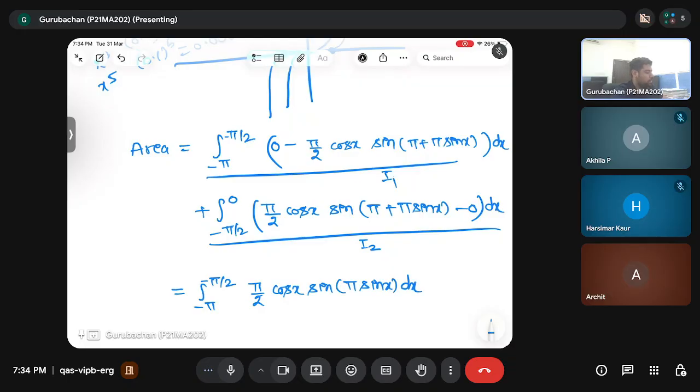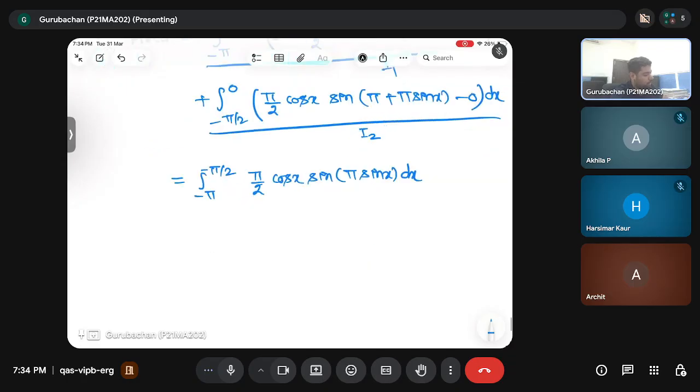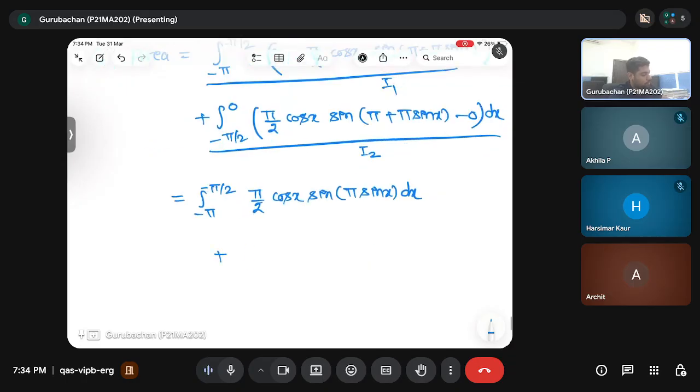dx. So can I follow some shortcut here, rather than substitution, can I follow the direct approach? Yes, sir. Okay, so this will be pi by 2 cos of x sin x dx. If you observe here, what do you want to substitute? Obviously pi sin x equal to t or u.